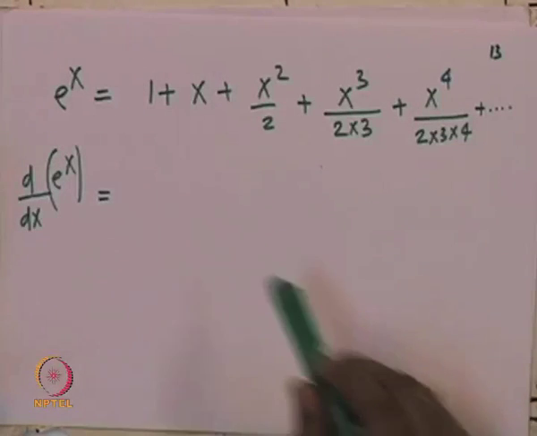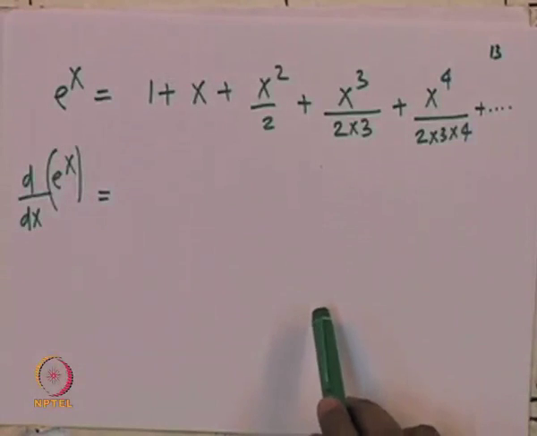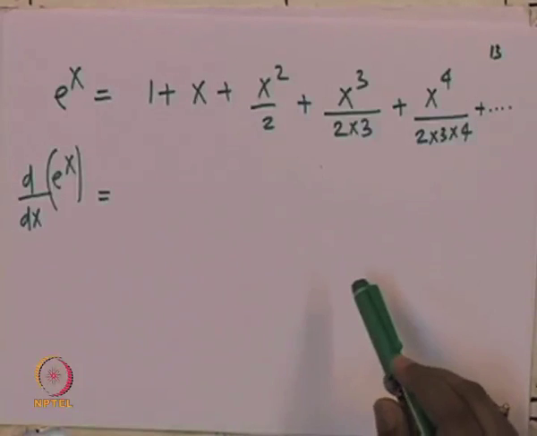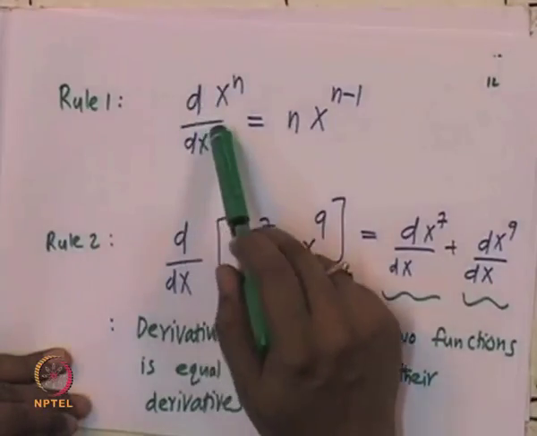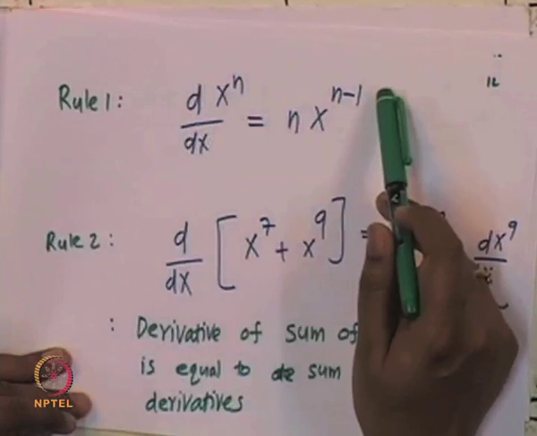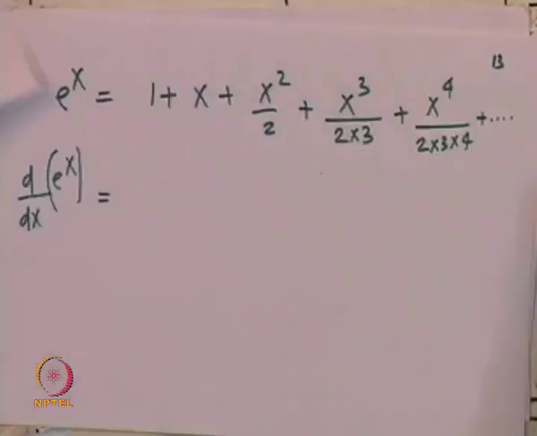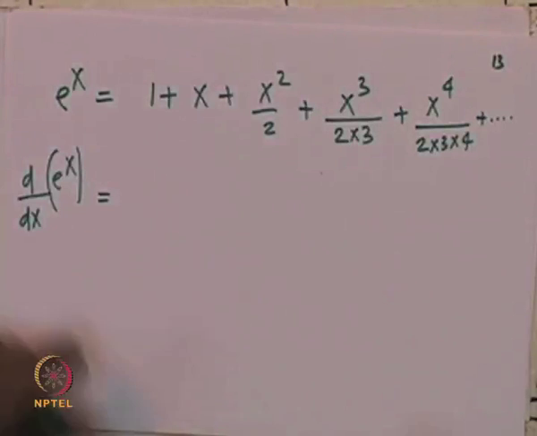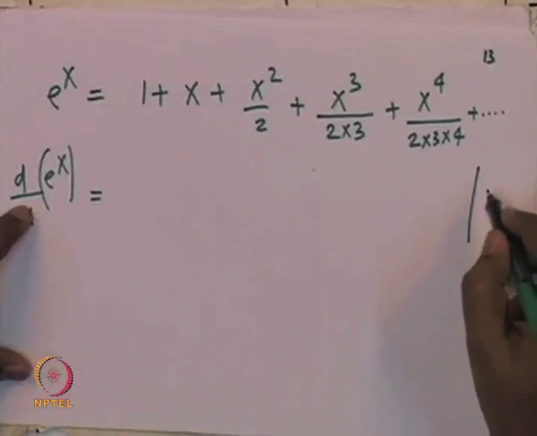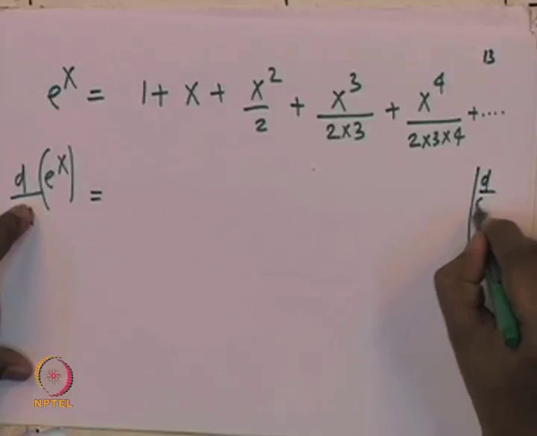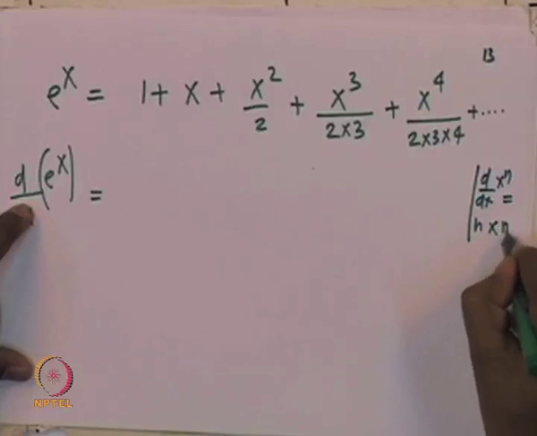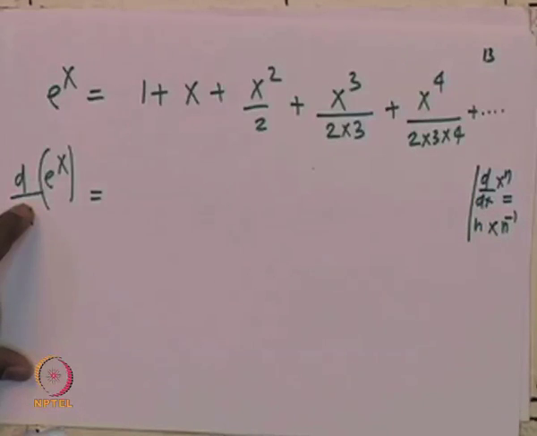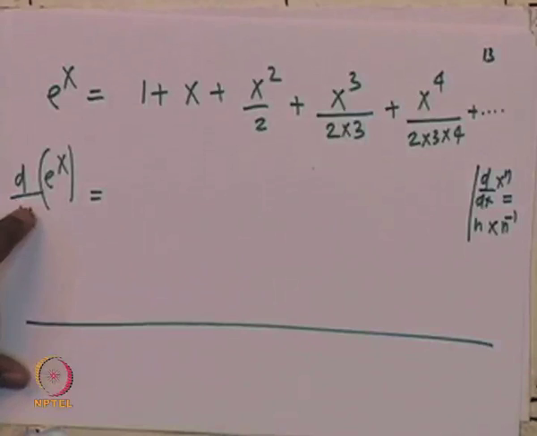First let us find the derivative of 1. To do this, we will use the first rule we learned a few minutes ago: d by dx of x power n is n x power n minus 1. Let me write this rule here at the bottom so that it is clear.